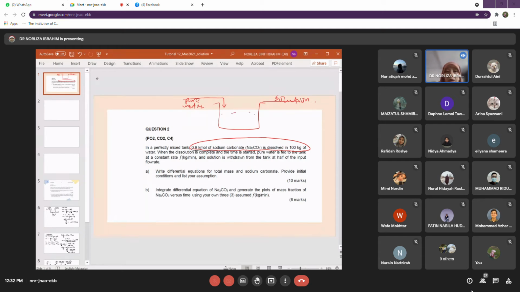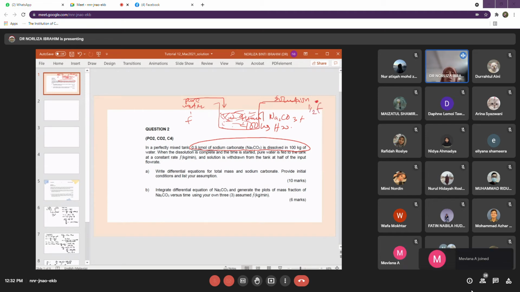Before the time starts, I already have 0.9 kilomole of Na2CO3 plus 100 kilogram of water. The flow of the pure water is F dot, while the outlet is half of the input.